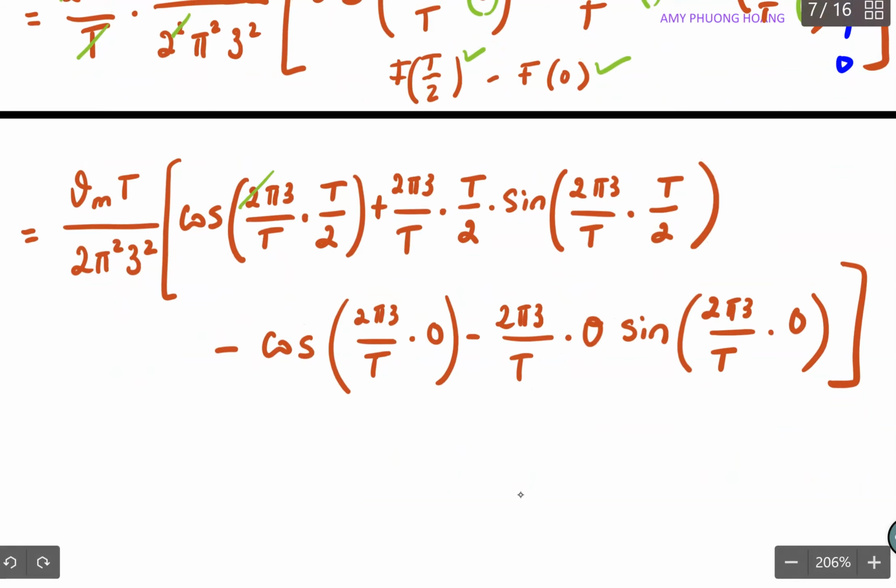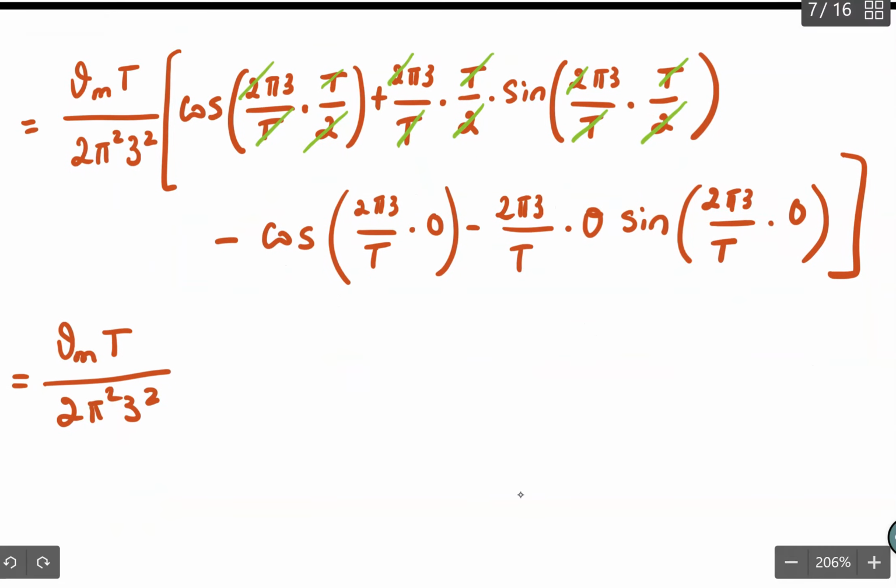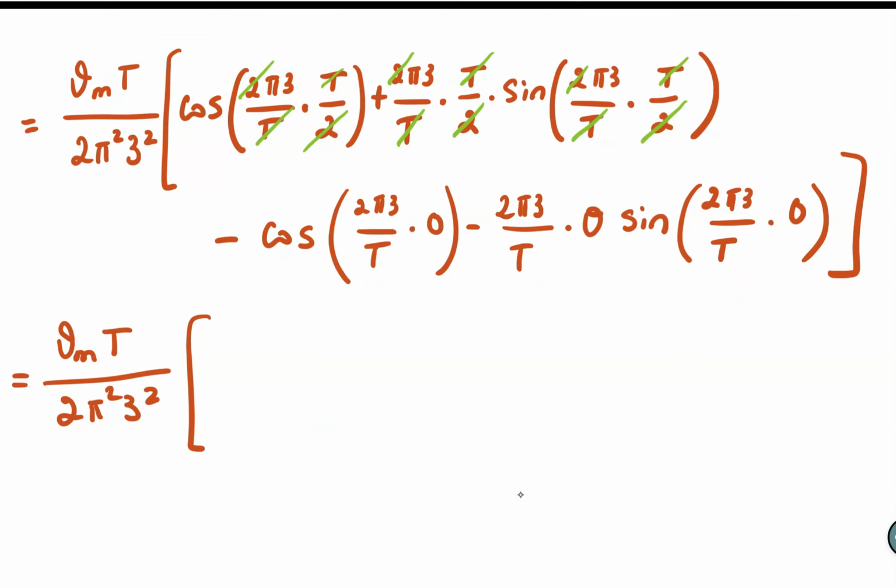That 2 cancels with that 2, that T cancels with that T. Inside this argument I can cancel that with that with that. So let's see what we have. V max times T over 2 pi squared 3 squared. Inside this bracket I should have cos of 3 pi. Okay, cos of 3 pi.